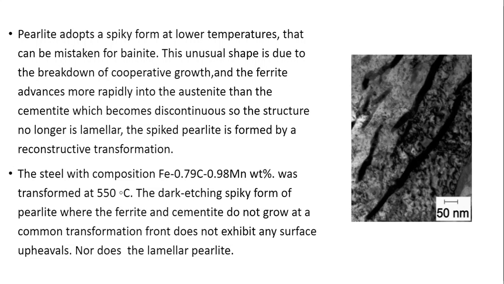So in this micrograph, the steel with a composition of 0.79% carbon and 0.98% manganese by weight percentage was transformed at 550 degrees Celsius.